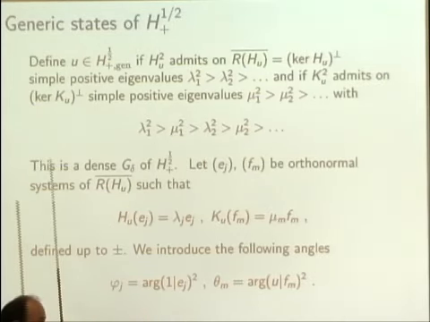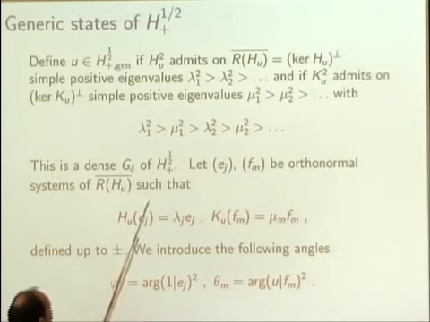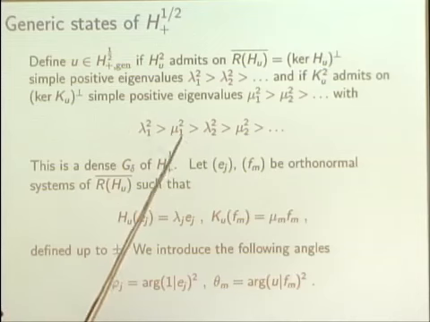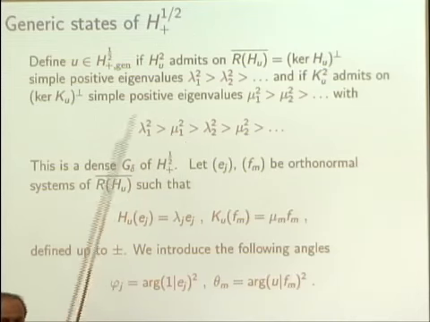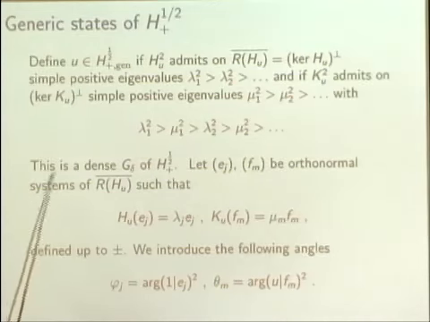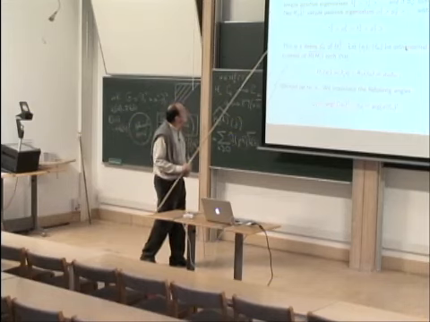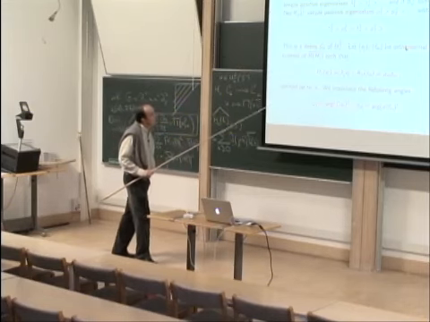Okay? So for simple eigenvalues, and all these simple eigenvalues, the mu and the lambdas are always different. It turns out that you can show that this is a dense G delta. Okay? So this tells you that, of course, there are plenty of such objects.